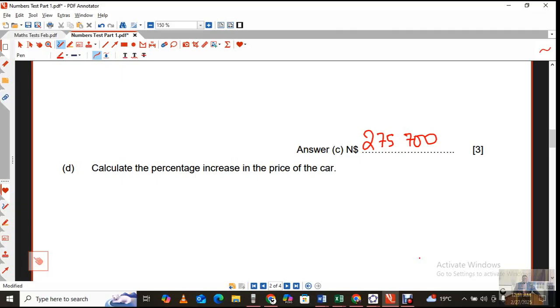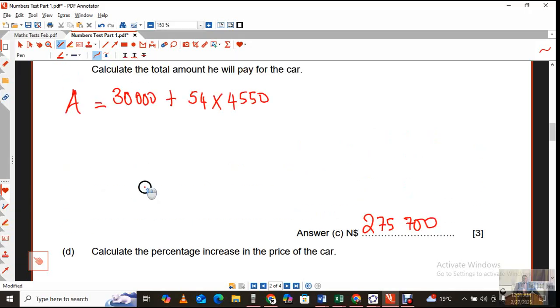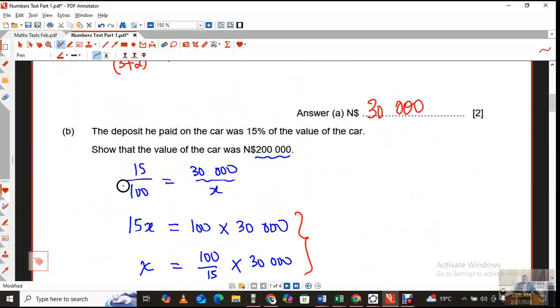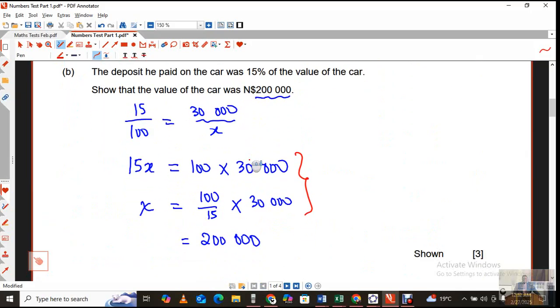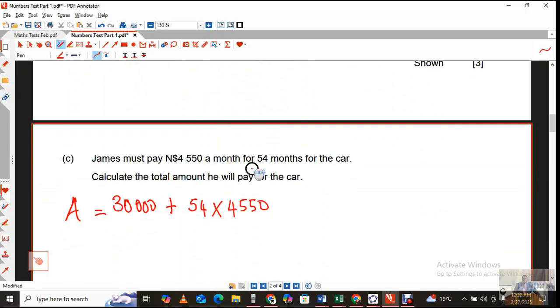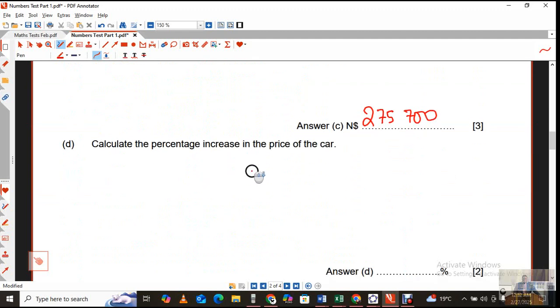The percentage increase. So the car initially cost 200,000. The value of the car was 200,000, and because he's buying the car by paying on a monthly basis, we're going to find the actual difference between 200,000 and 275,700.